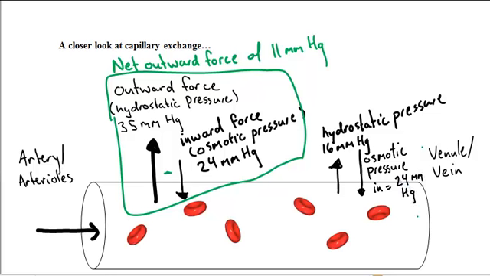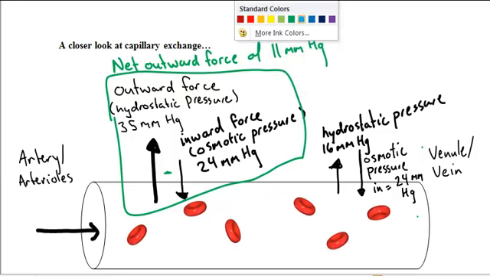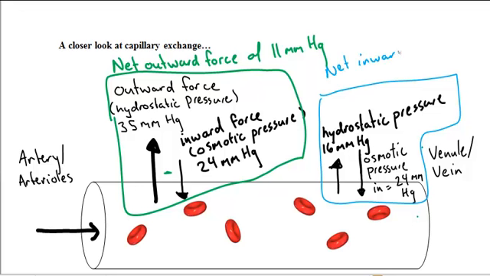And if you add these two together, you get a net inward force of approximately 8 millimeters of mercury.